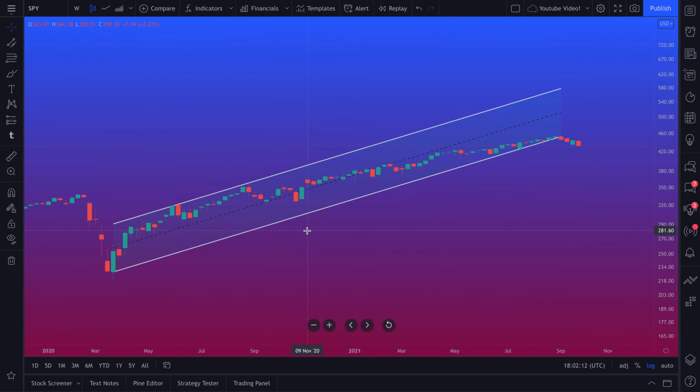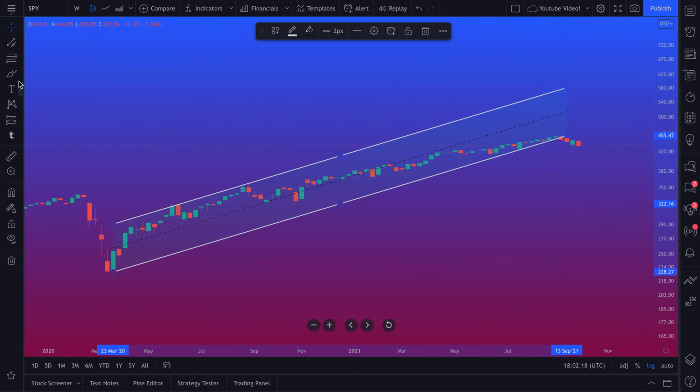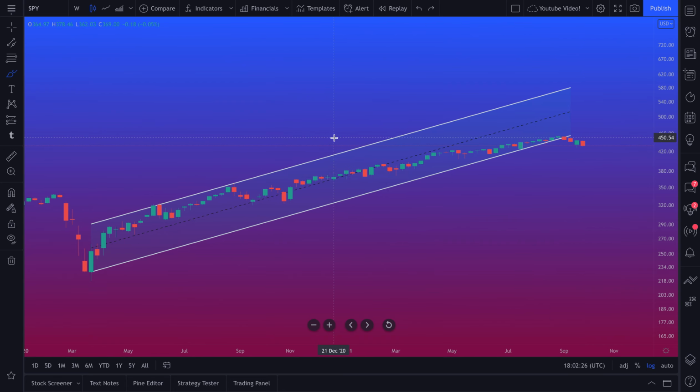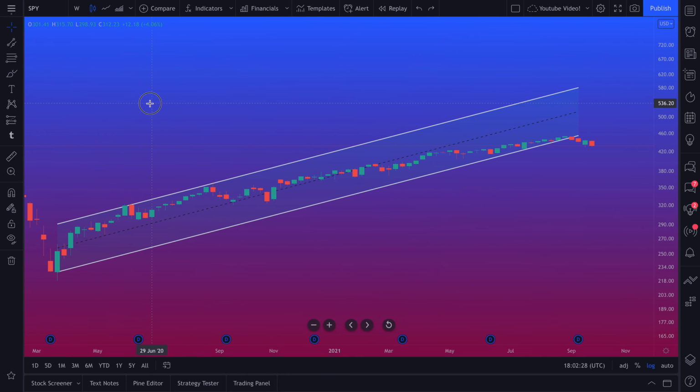Now, this channel looks like it played out very interestingly. Actually, you can see that once this drop started to happen, it just continued straight down right through the channel. However, this channel doesn't really fit as perfectly as we'd like.